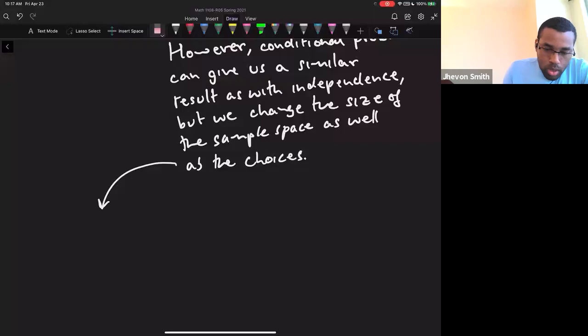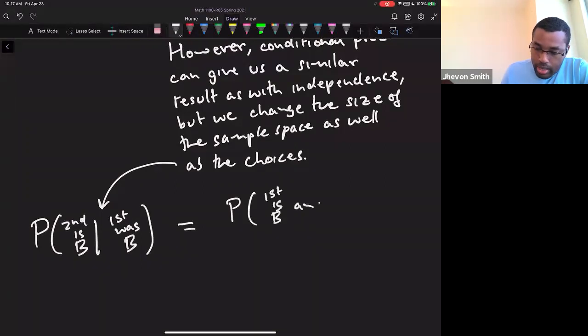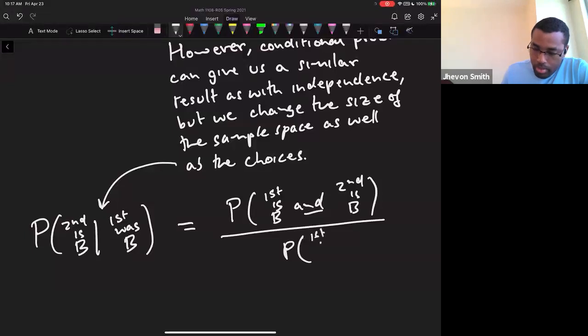For example, what is the probability that the second is blue given that the first was blue? Right? So that would be the probability that the first is blue and the second is blue divided by the probability that the first is blue.